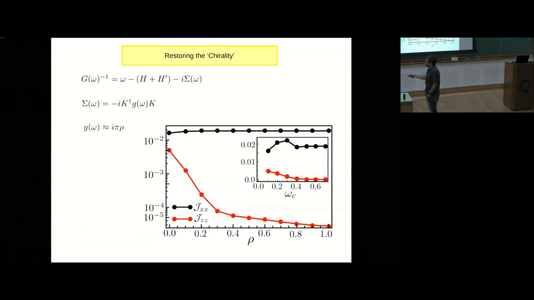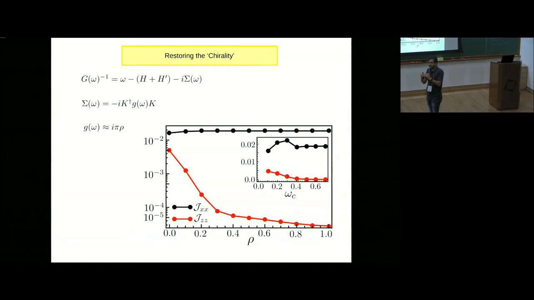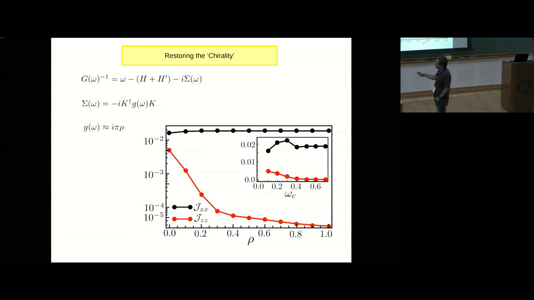One can also ask, okay, this is an unrealistic situation partly because you put a lead which is of a very large bandwidth and it can have unintended consequences. You can also put a lead of very small bandwidth, of the order of the gap of your quantum Hall system. So this is essentially showing you if this rho has an omega dependence, up to omega equals omega c, let's say.